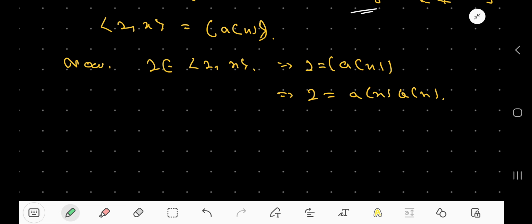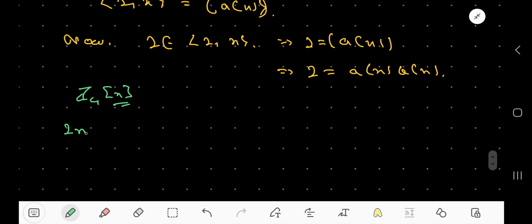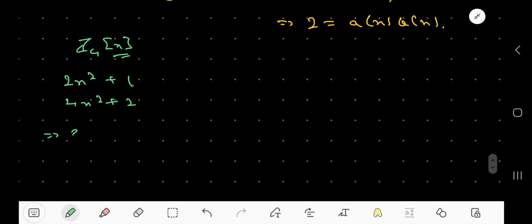If you talk about polynomials from non-integral domains, then there is something else. Suppose I talk about polynomials from Z4[x] and I consider the polynomials 2x square plus 1 and, let's say, 4x square plus 2. If I multiply this out, what do I get? I get 8x to the power 4 plus 4x square plus 4x square plus 2.